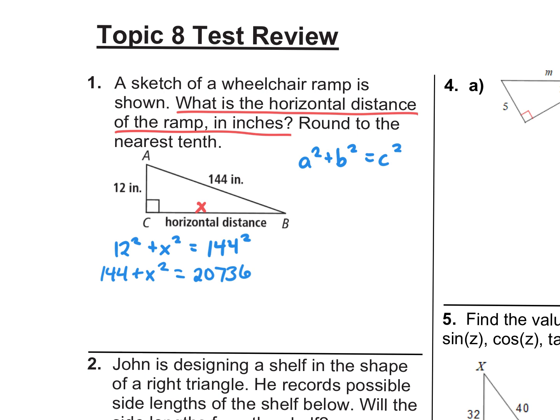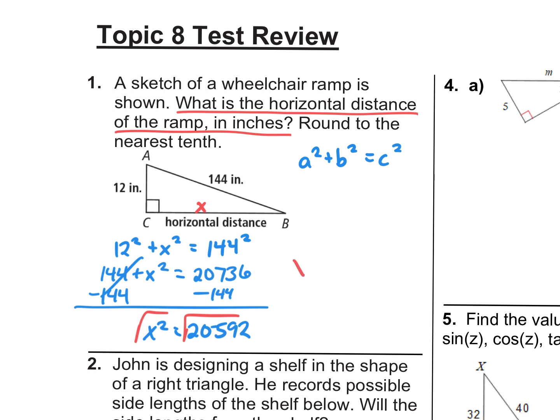What do I do from here to solve? Subtract 144 on both sides. Whoa, too many. So we get x squared equals 20,592. Last step here, always square root. Every last step in the Pythagorean theorem is going to be the square root. So you should get x equals 143.5.